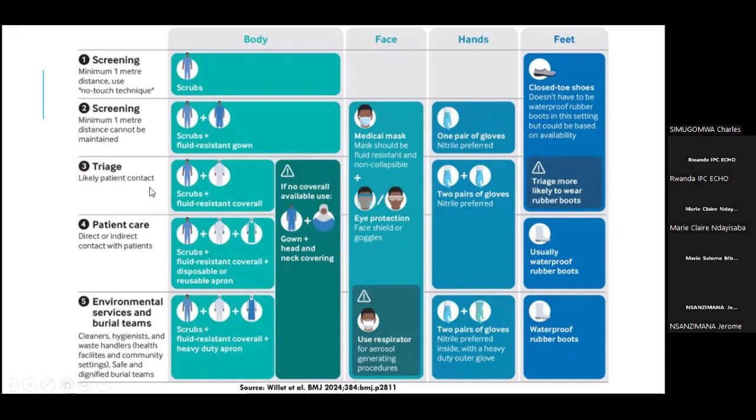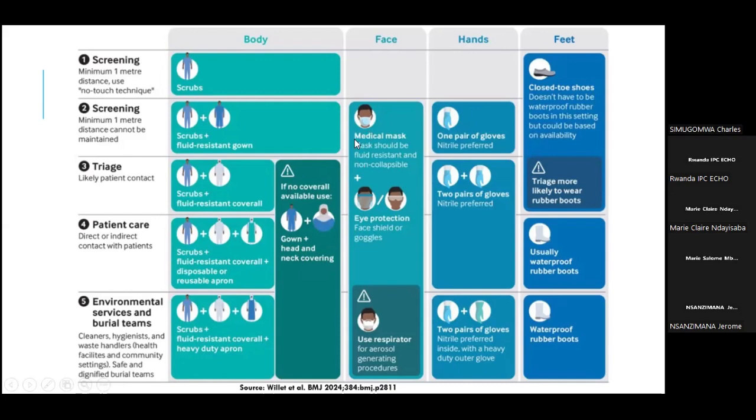In case of triage, it will be almost as if we are doing patient management or patient care. We put on the scrub and crossed two shoes and fluid-resistant coverall. This is an alternative when we don't have coverall, where we put on gown and head cover as well as neck covering. Those we usually call hood.